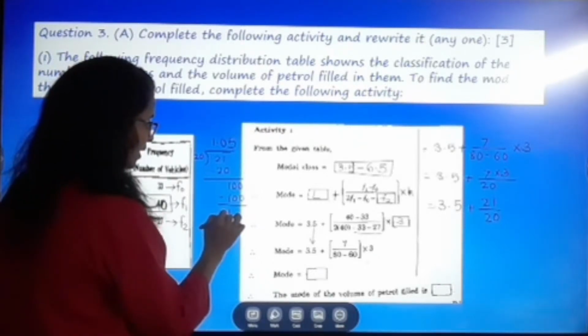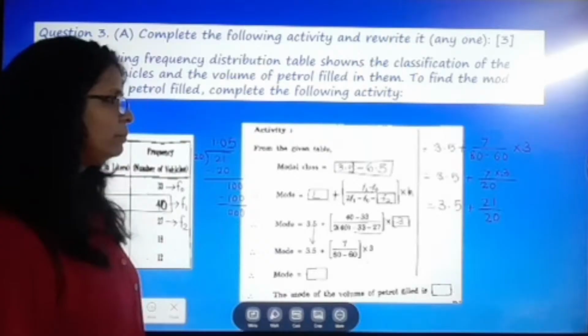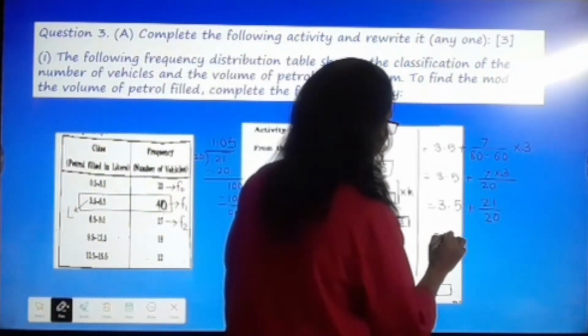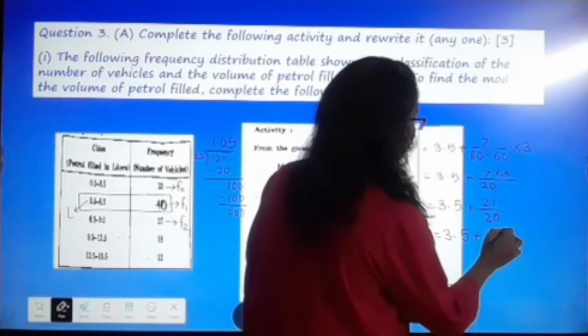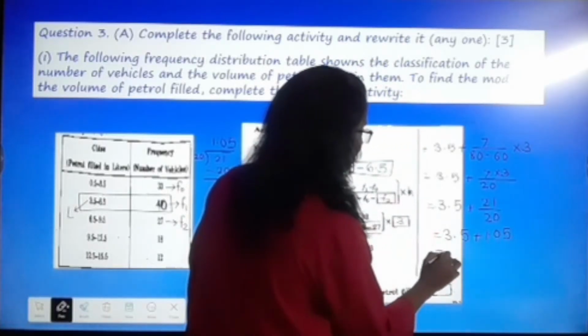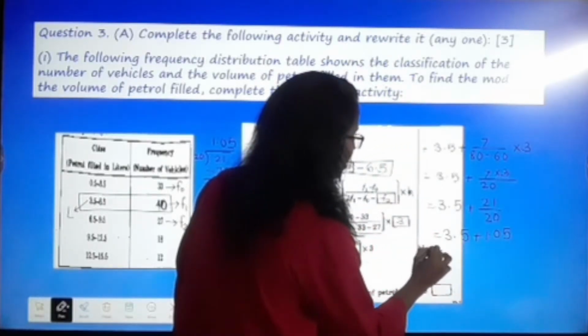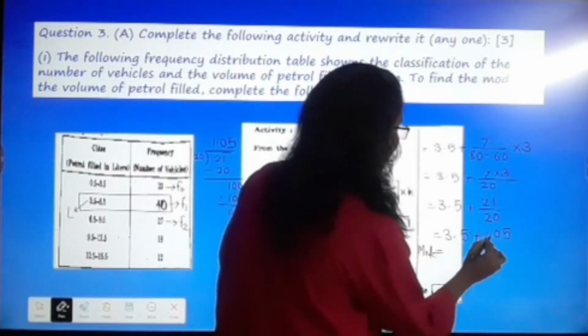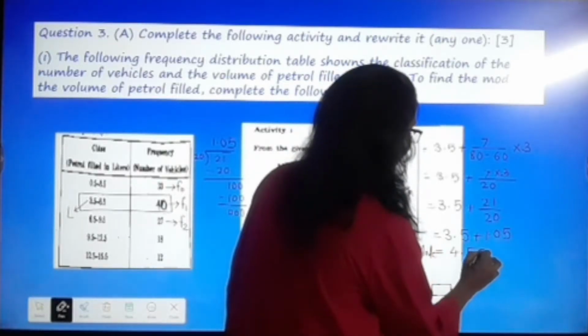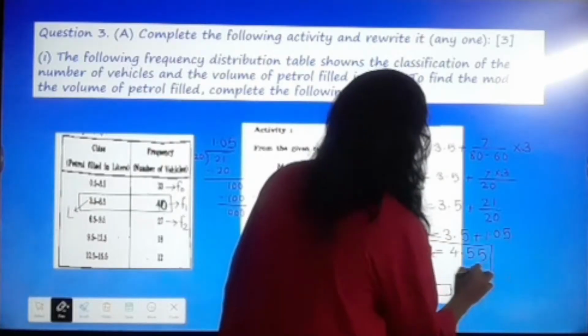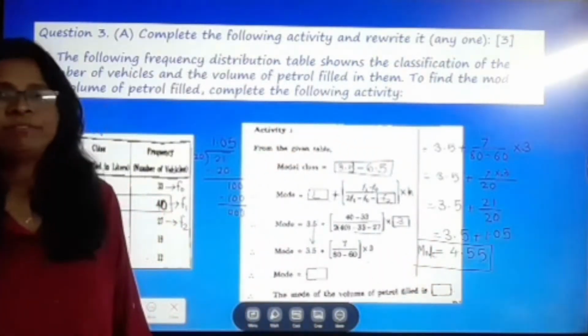Okay students, this way the fraction will be 1.05. So 3.5 plus 1.05, and that means students the mode is equal to 4.55. Okay, mode is equal to 4.55.